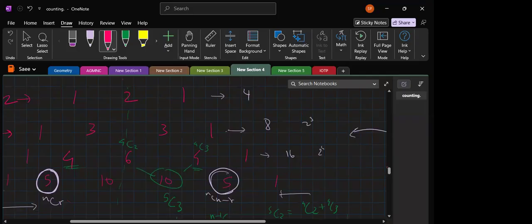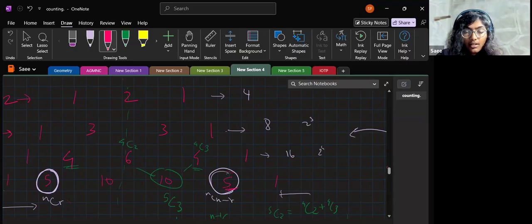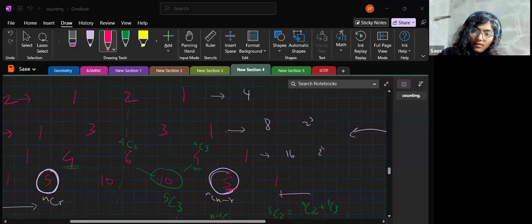Like 2 plus 3, you can get 5. How will that come in over here? I'm not entirely sure I follow. That's something to think about. Can we relate it to Pascal's triangle somehow?